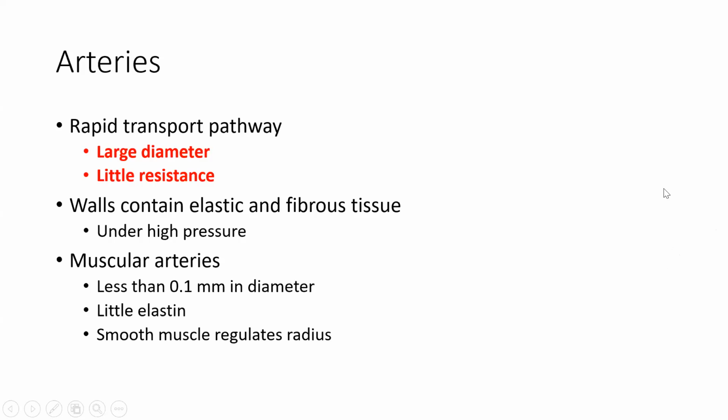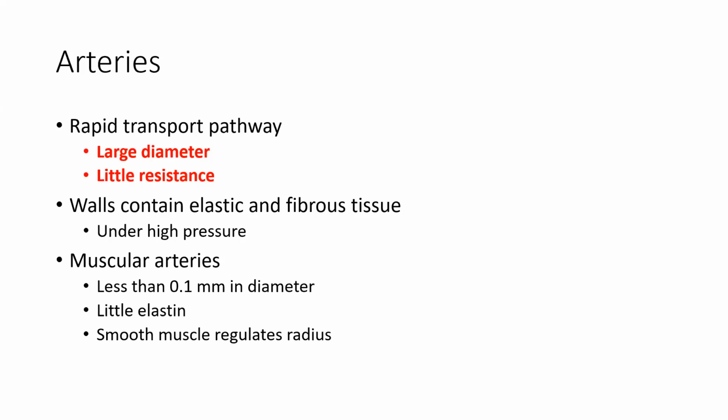Yeah, excellent, exactly. It's not ideal to have that much resistance as soon as we leave the heart, right? Remember, the heart is what's creating the driving force, the pressure that's moving blood through the vasculature. And so the arteries are kind of the first vessels out of the gate. And so we don't see a lot of resistance here because we need this blood to go a much longer distance.